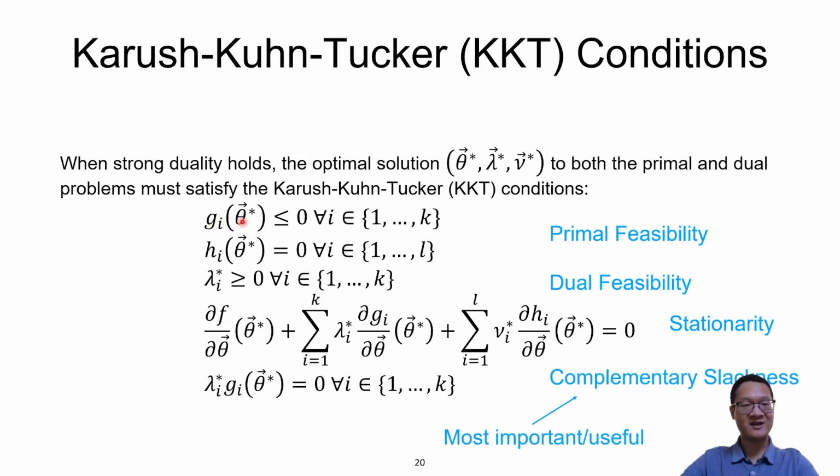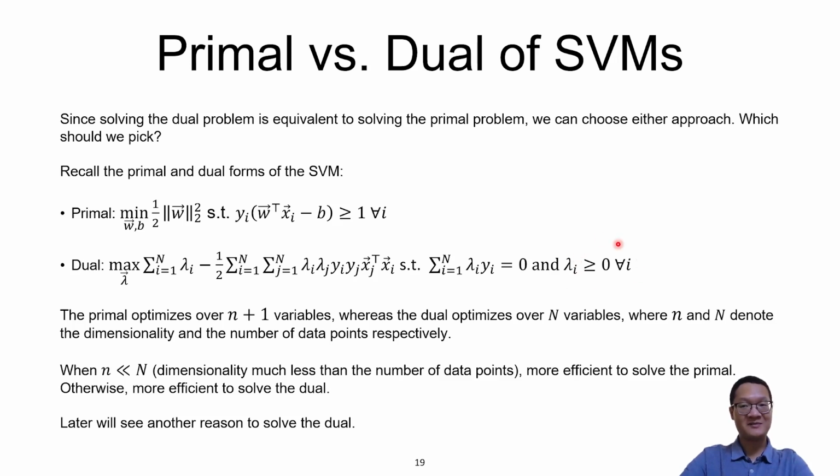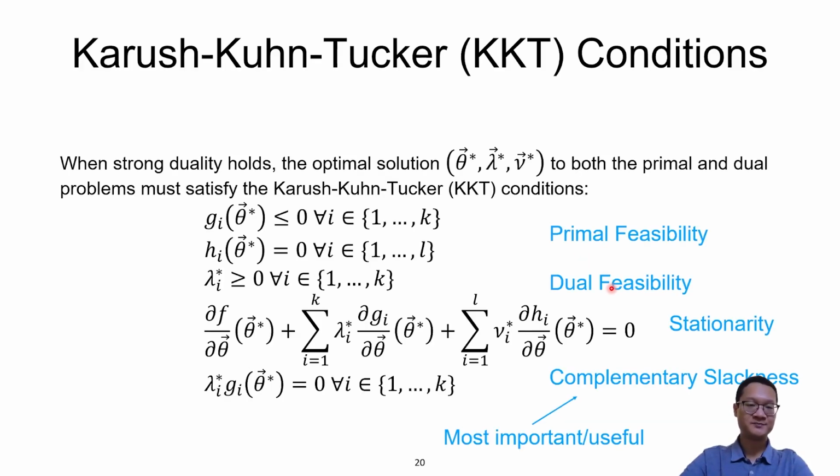That's gi of theta star less than or equal to 0, and hi of theta star equals 0. This is just saying our solution satisfies the primal constraint. These two conditions are called primal feasibility. We also have that lambda i star must be greater than or equal to 0. This is dual feasibility. Remember, in our dual problem, we needed lambda i to be greater than or equal to 0.